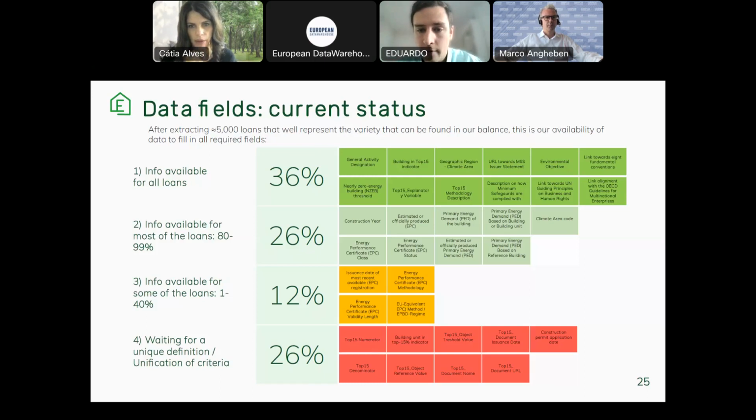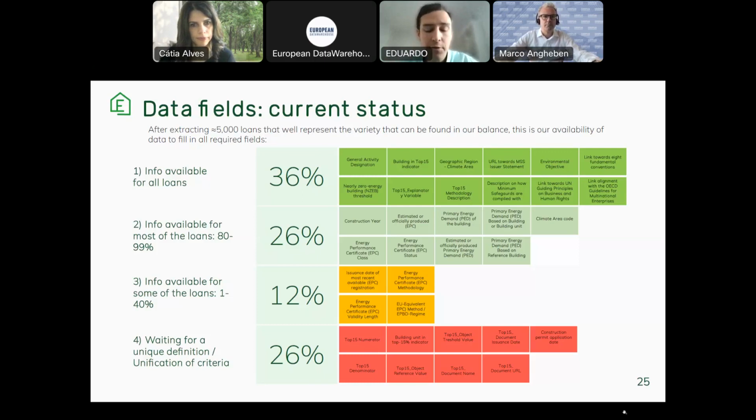So that would be where we expose our minimum safeguards, the description of these minimum safeguards and how we comply with them, the environmental objective, the website where we publish all the information related with how we accomplish with human rights, the website where we expose also the 8 fundamental conventions, and also the place in our website where we expose our alignment with the OECD guidelines for multinational enterprises.